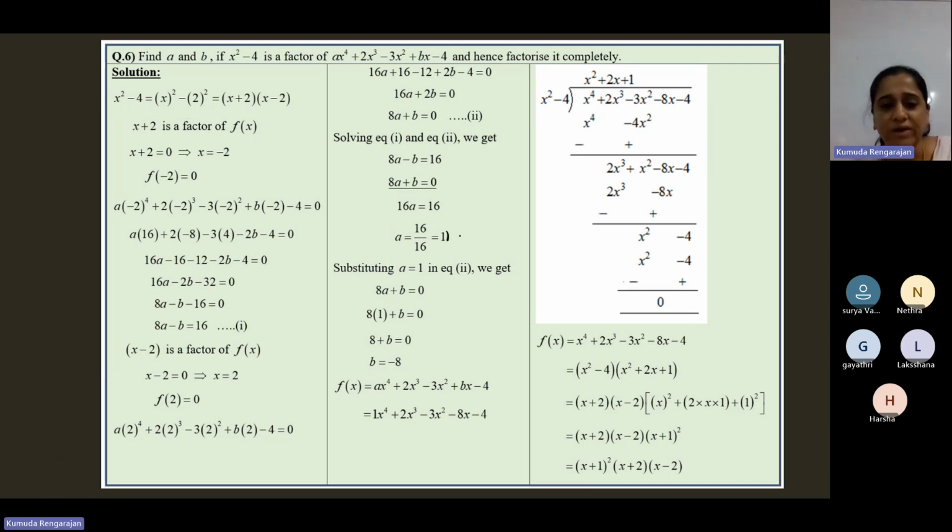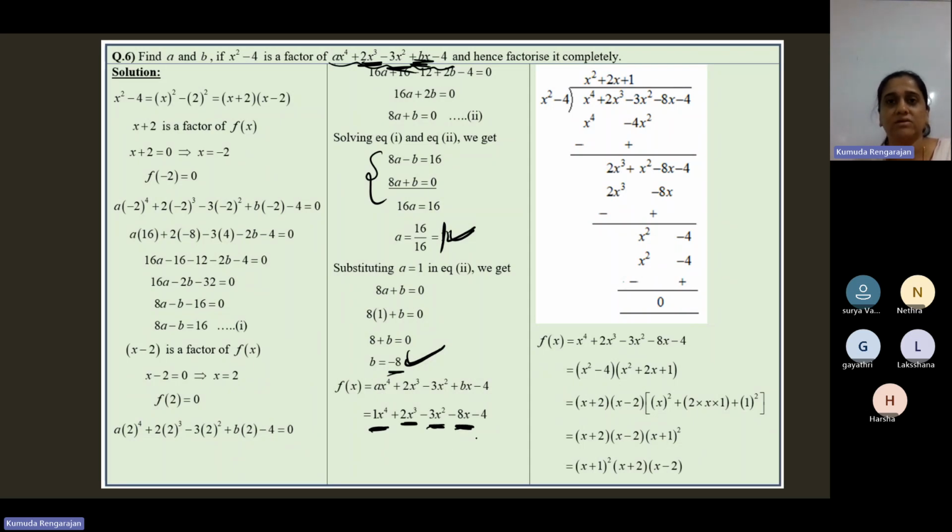Once you get the values of A and B by solving the two equations, complete the polynomial. A x to the power 4. What is A? 1. So 1 x to the power 4, then 2x cubed, minus 3x squared, plus bx. What is b? Minus 8.